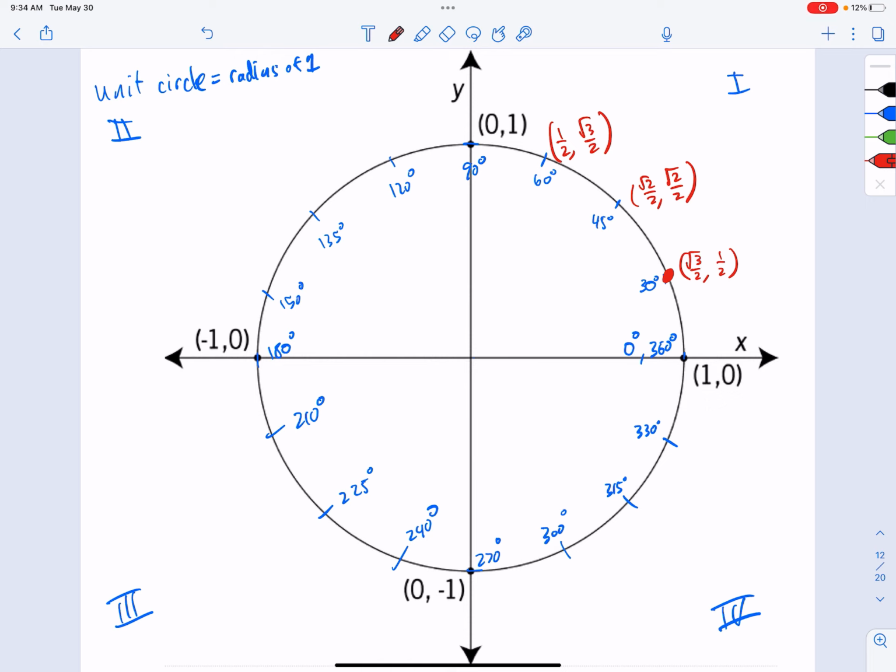Now at 120 degrees, that's a reflection of what's happening at 60 degrees, and it's just a reflection across the y-axis. So the values are the same, but the x-coordinate is now negative. The y-coordinate remains the same. 135 degrees is the same coordinates as 45 degrees, but again, the x is negative.